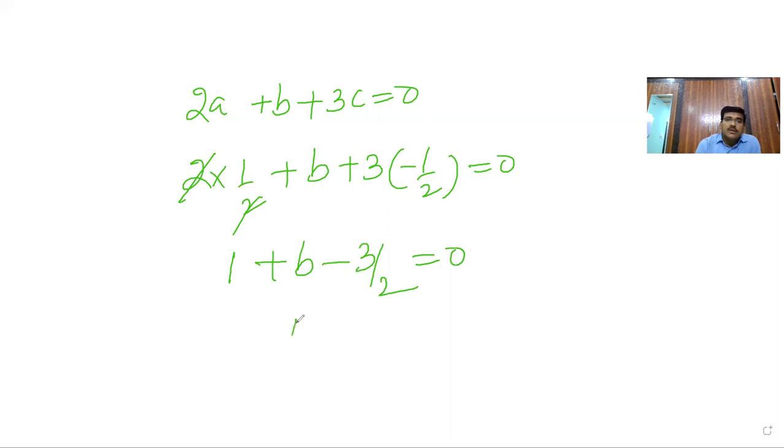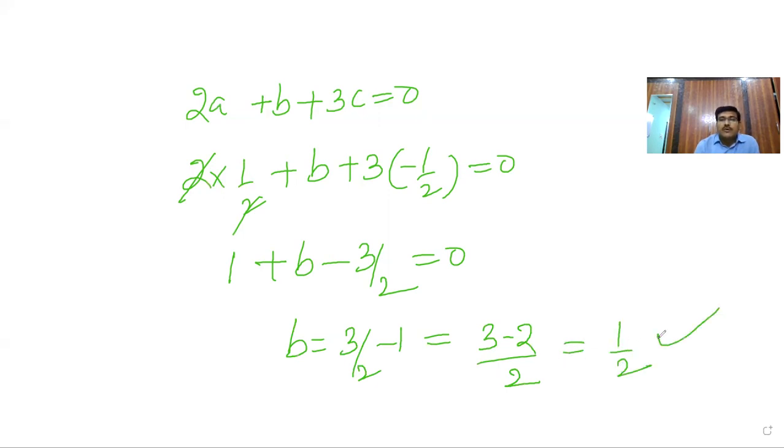So B is equal to 3 by 2 minus 1, that is 3 minus 2 by 2, which is simply 1 by 2. B is equal to 1 by 2. Now, what are the values we got? A is half, B is half, C is minus half.